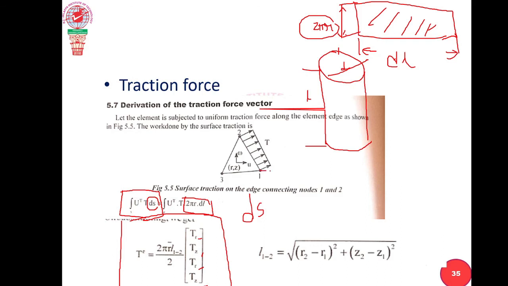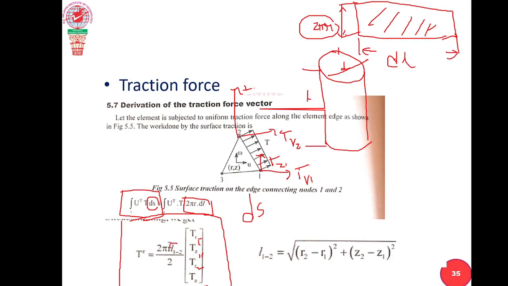So with respect to node 1, along the radial direction it is Tr1, along the axial direction it is Tz1. Similarly, with respect to node 2, along the radial direction it is Tr2, along the axial direction it is Tz2. That's what Tr1, Tz1, Tr2, Tz2 are.